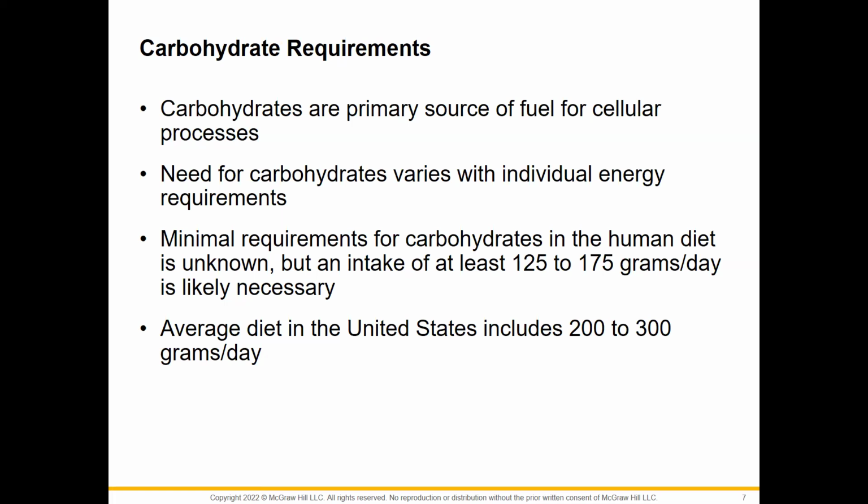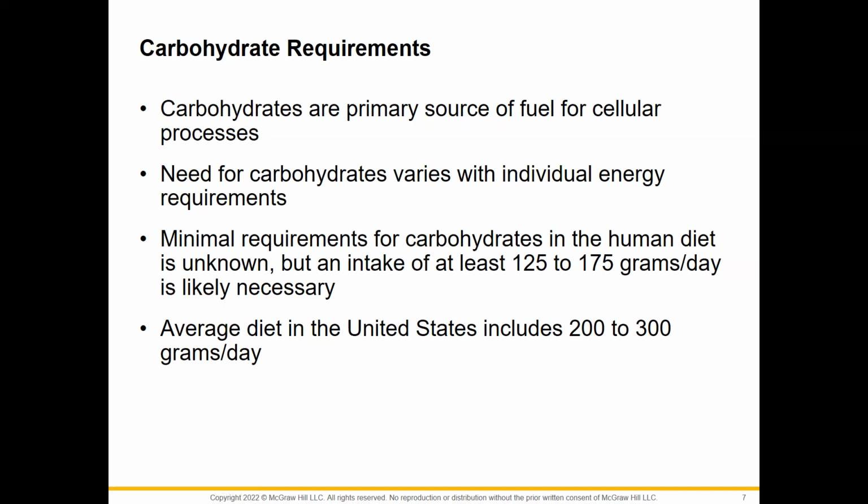So the amount of carbohydrates a newborn needs is different from the amount that person needs as a toddler, as a preteen, as a teenager, as an adult, and as an elder. Same human, but different needs because of different stages of growth. And that same person might have different needs from day to day because of their different activity levels. So that's what this means when it says the need for carbohydrates varies with individual energy requirements.